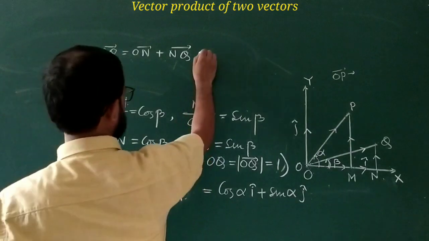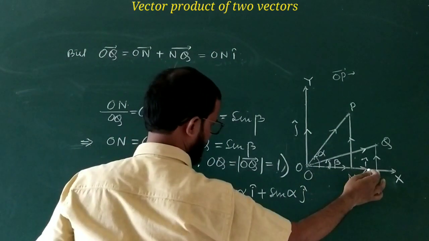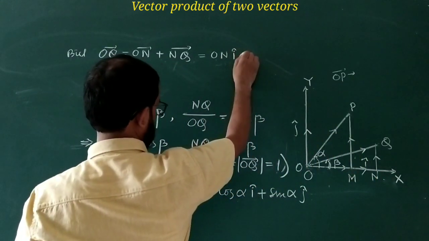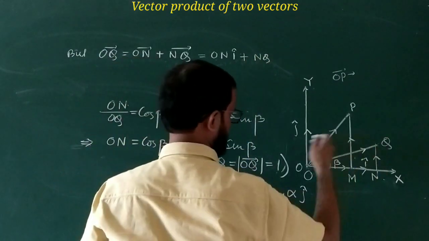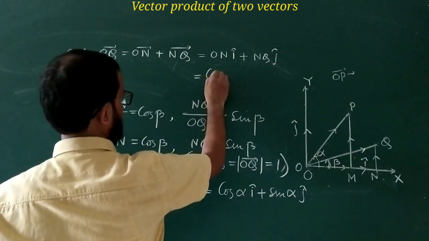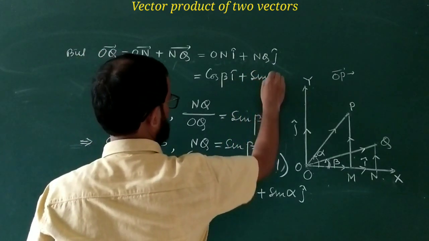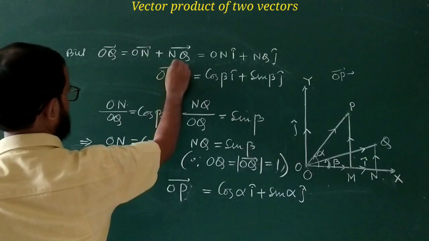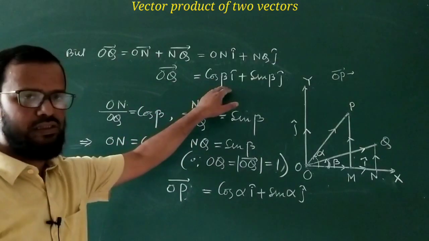And ON vector can be written as ON i cap, because along ON vector the unit vector is i cap, so magnitude into direction. And NQ की डायरेक्शन में क्या होगा? The unit vector is j cap. And finally ON is cos beta, and NQ is sin beta j cap. So this is your OQ vector. Understood? So OP vector is this and OQ vector is this.